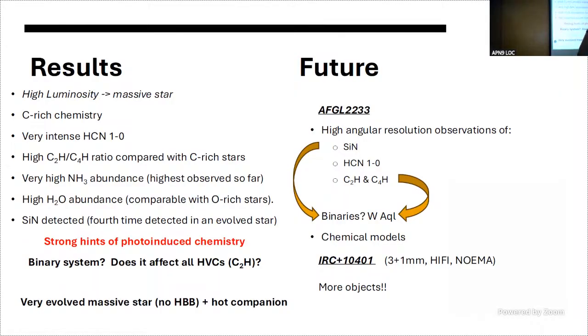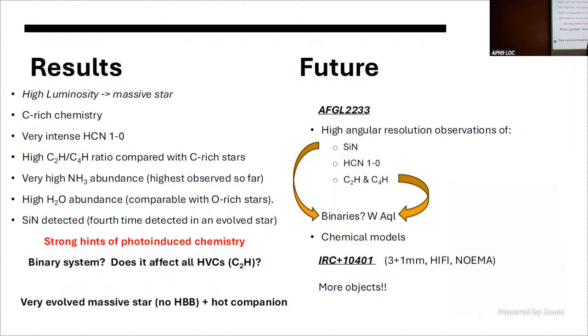Question: what is the isotopic signature of the H2O that you detected? I think it was the standard one, H1 and O16, no other isotopes. It was with HIFI; we only selected these two lines.